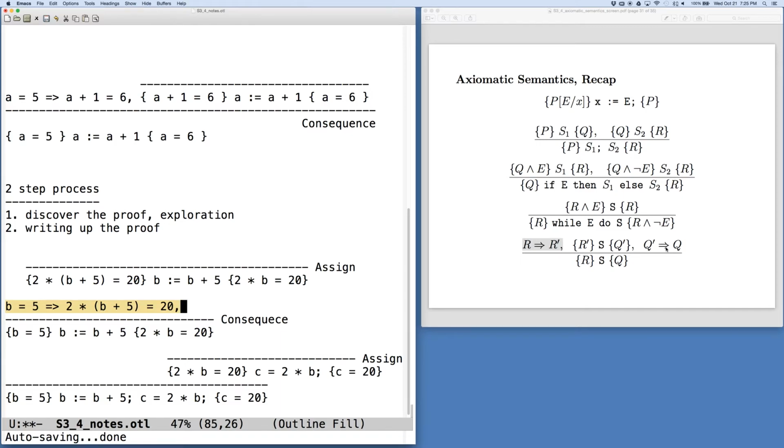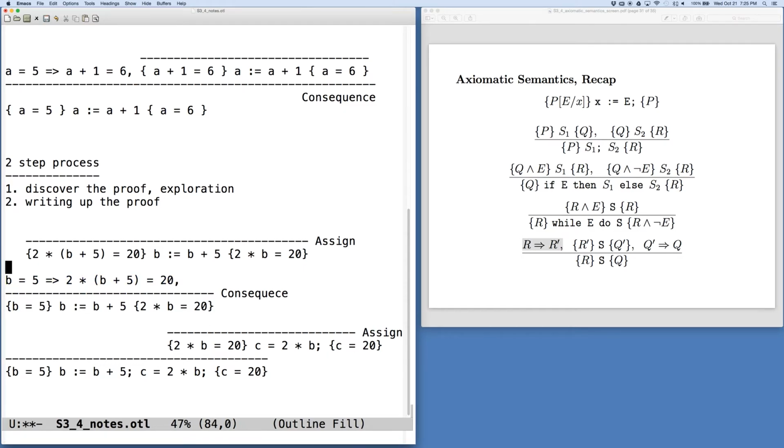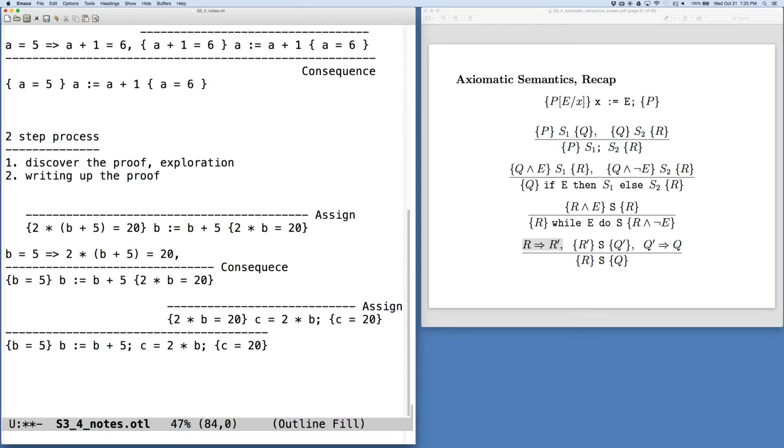One where we can strengthen the precondition and another where we can weaken the postcondition, or we could do both at the same step. Right, but we don't need to do both. And so at this point, if we look at this, we have the right proof. We have our axiom of assignments as sort of the leaf nodes of our proof tree. We also have this statement here as a leaf node of the proof tree, and we then construct the tree accordingly.